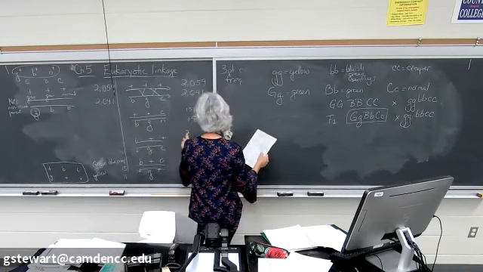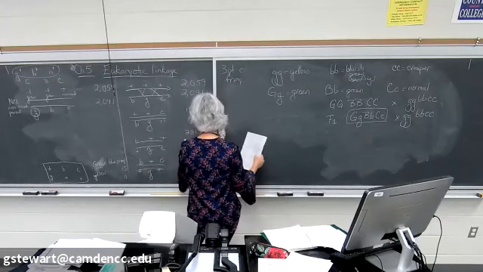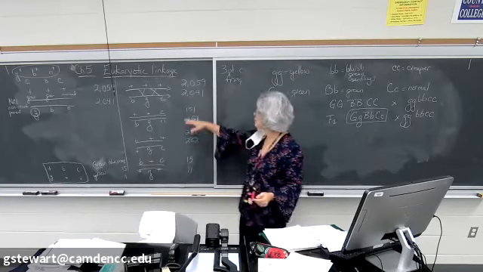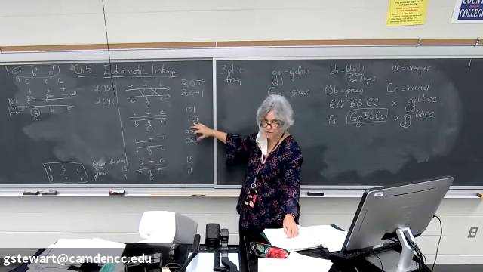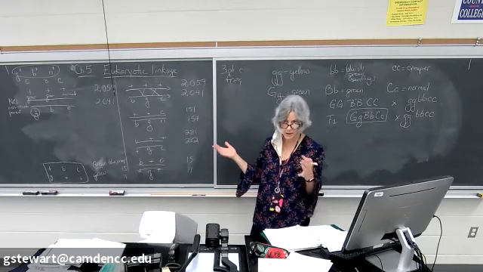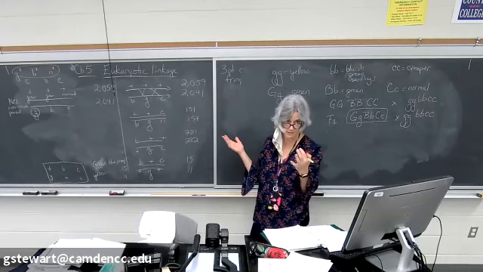What do I have? 281 and 282. And again, it doesn't matter which one of these sets you put first, if you put the lower number first or the higher number first, or if you put them in the other order, it doesn't matter. It really doesn't.